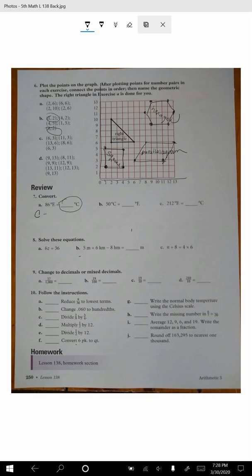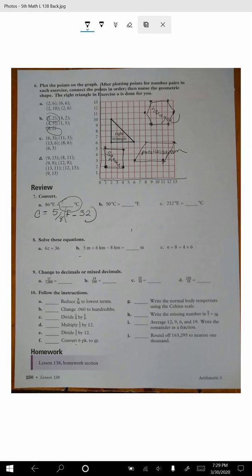The formula is, in case you've forgotten, I'll go ahead and write these and then you can try to solve them. Okay, so the formula for Celsius is 5/9 times the Fahrenheit minus 32.